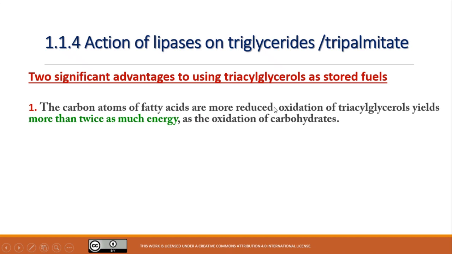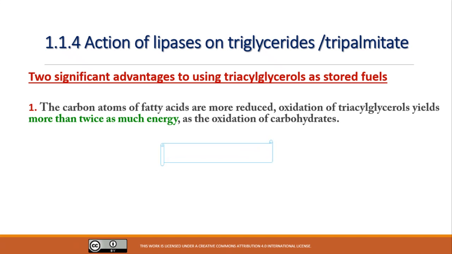We have seen that all the carbon in this particular fatty acids contains hydrogen. So whenever there is a lot of hydrogens in the molecule, that molecule is highly reduced. Because of that, when you undergo oxidation of this triacylglycerol, that is breakdown of this triacylglycerol, this will give you twice the amount of energy as compared to the oxidation of carbohydrates.